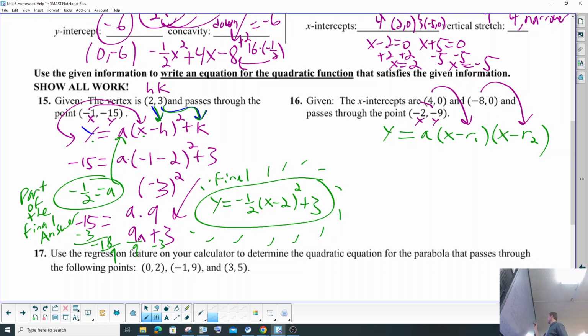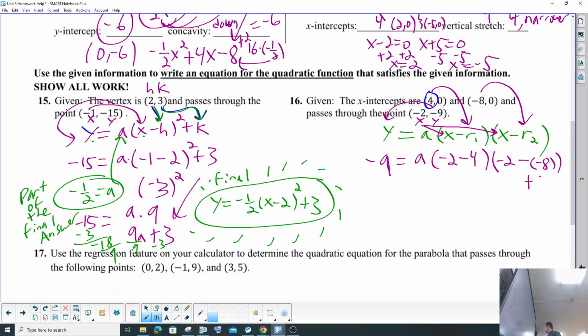So our y is going to be negative 9 equals a times, your x is in two places. So that's going to be negative 2 minus r1, which is a 4, times x again, which is negative 2, the point they give us, minus r2, which is already a negative.